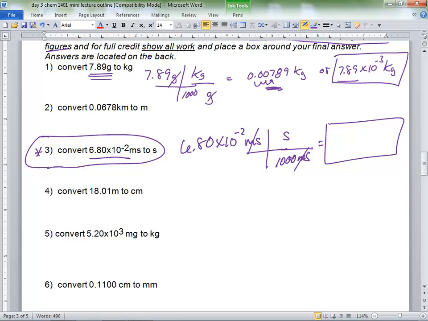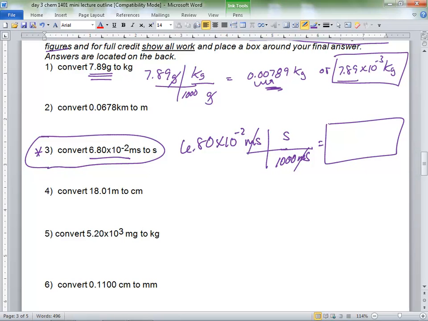So get it in your calculator, divide it by 1,000, and report it to the right number of sig figs. Good. Right? You're short a sig fig, right? Because 6.80 times 10 to the negative 2 has 3 sig figs. And don't forget your units. You gotta have units on the end.